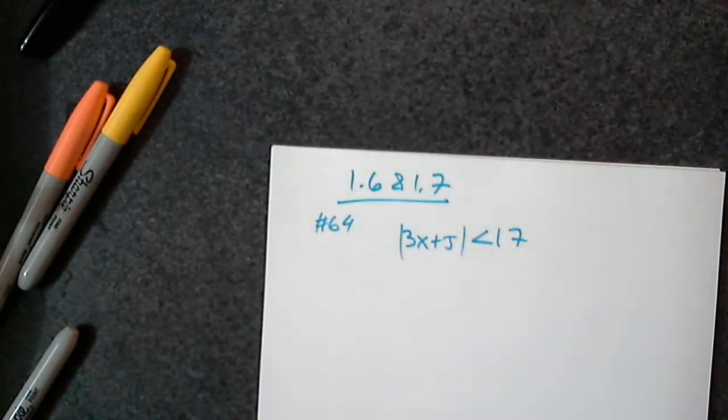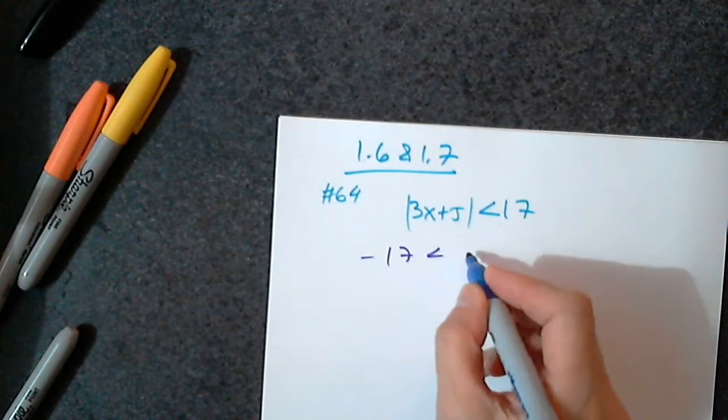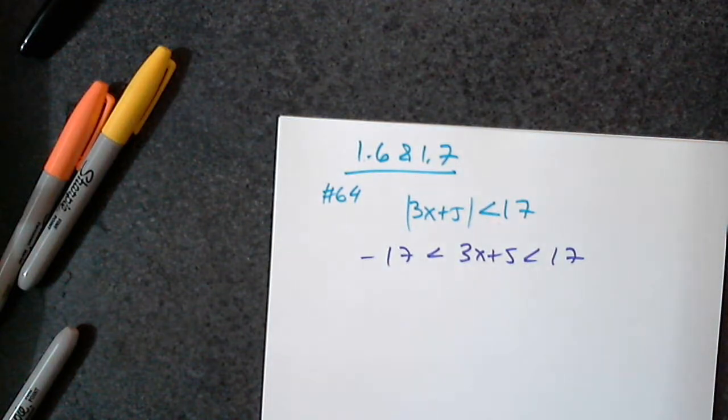It's the one in between, of course. It's less than 17, so negative 17 less than 3x plus 5 less than 17. It's the one as a chain that can be solved. The two inequalities can be solved at the same time.